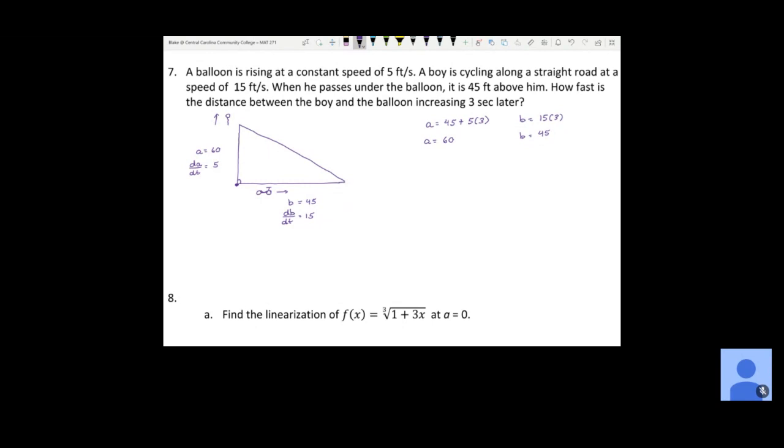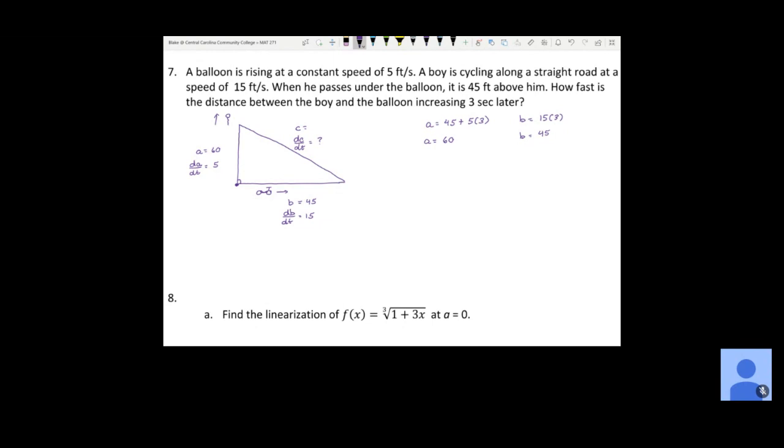All right. Now, what are we trying to find? Good. We're looking at the rate of change of the distance between the boy and the balloon, which is how fast is that hypotenuse changing, right? This is what we're looking for.